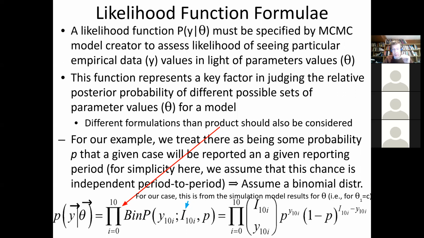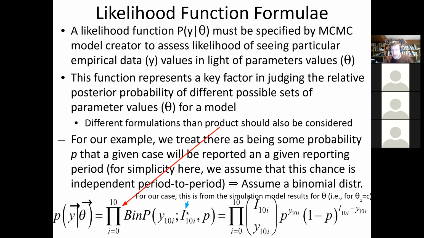I have values for these different 11 observations, time 0 through time 10 inclusive. So for each of those, I evaluate a binomial distribution. The model tells me as of that day, for this parameter C, there should be this many infections.